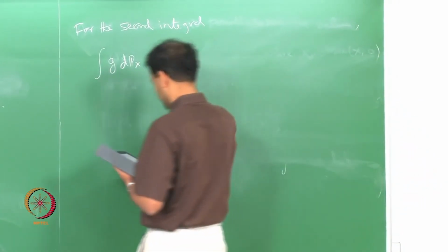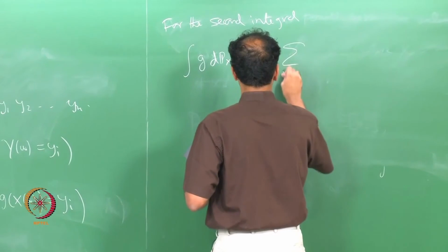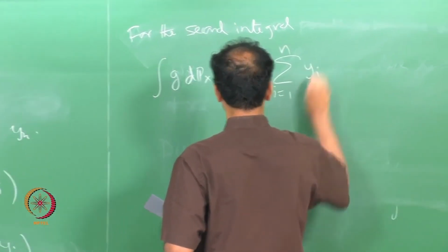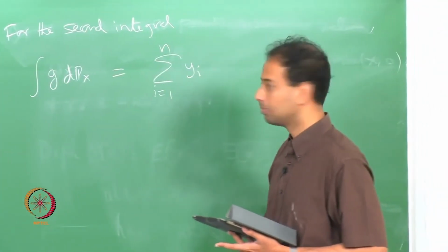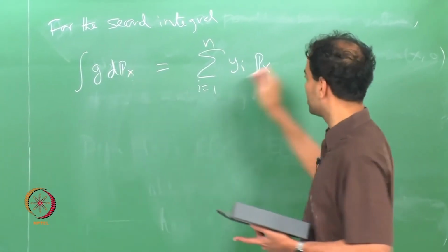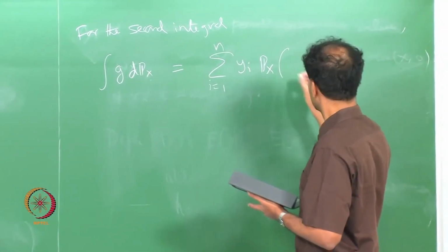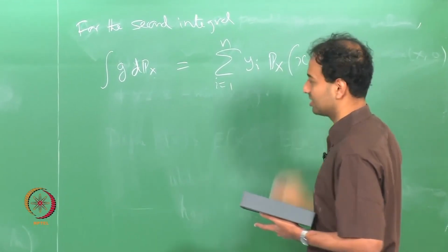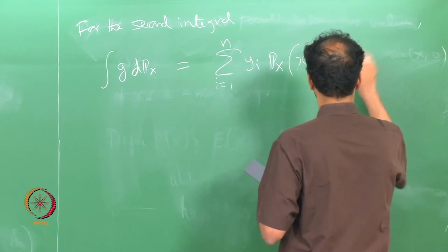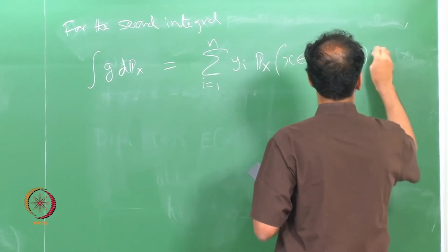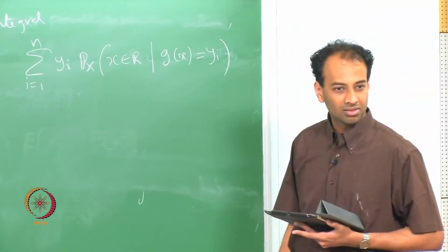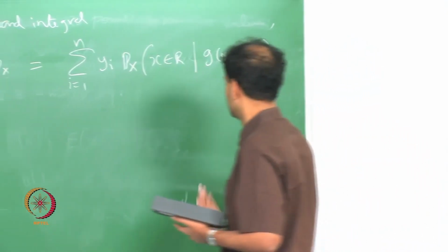So, this will be equal to the sum over i equals 1 through n of y_i times P_x of those x's, not omegas, for which g of x equals y_i.